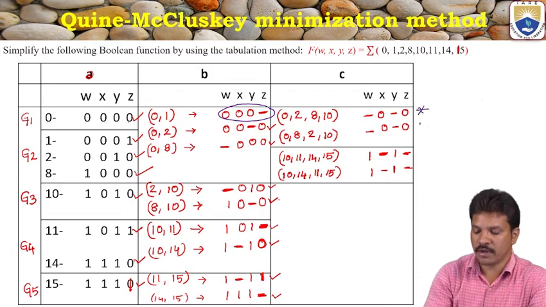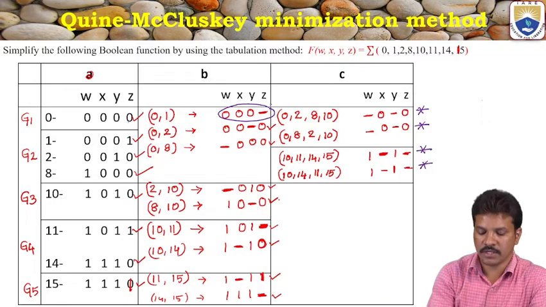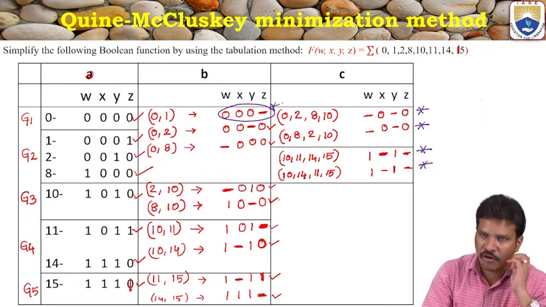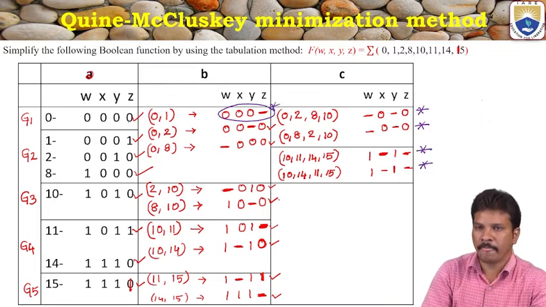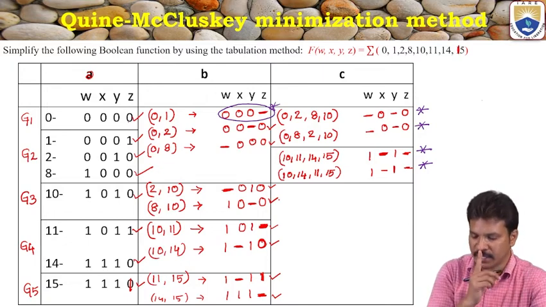This is not covered, this is not covered, this is not covered, this is not covered, and this one is not covered. So there are 5, but among the 5 in column C, the first group has the same minterm representation, and group 2 in column C is also the same, so both are the same prime implicants. We can consider one prime implicant instead of two.